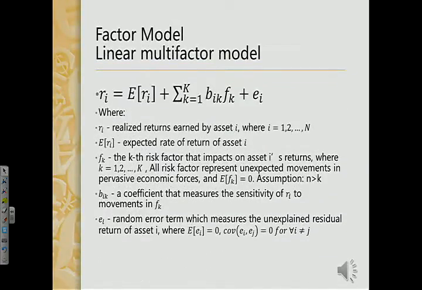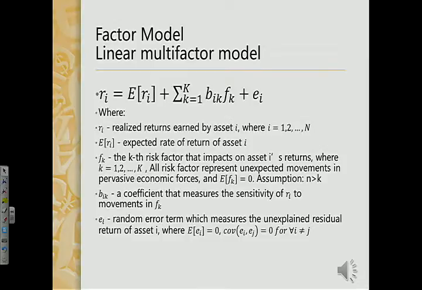APT assumes that the rate of return is in the form of a linear multi-factor model. This is the equation. Ri is the realized return earned by asset i, and the total number of assets is capital N. E(Ri) is the expected rate of return of asset i.